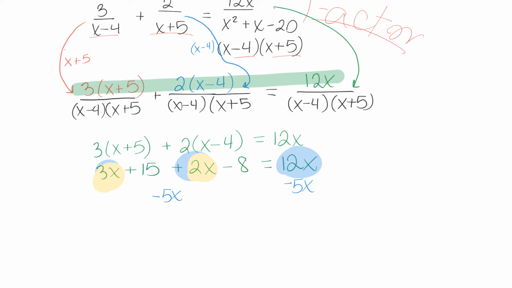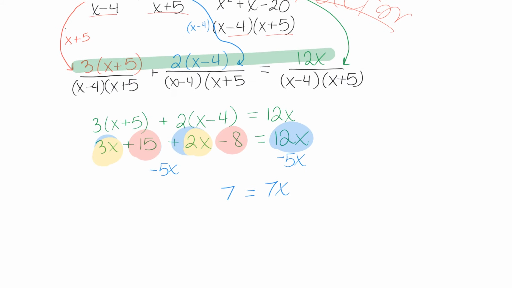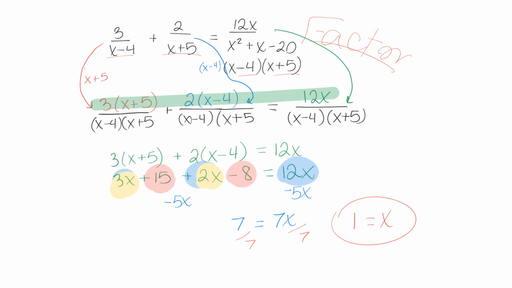Also, in one step, because we're at that level, 15 minus 8 is 7. So I'm going to do 2 steps in one here. So that leaves me a 7 on this side, and over here, 12x minus 5x is 7x. Now, if I divide both sides by 7, I get 7 divided by 7 is 1 equals x.